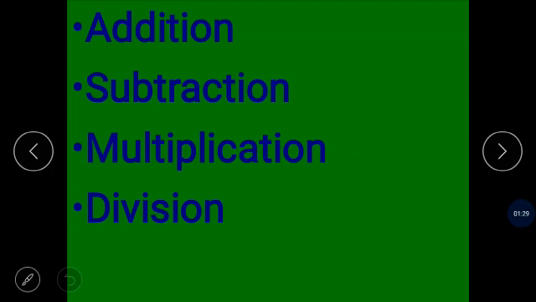In the same way as you apply them on numbers, you have to apply them on decimals, but there is a little difference that I'll tell you. Firstly, we will learn how to add and subtract decimal numbers.